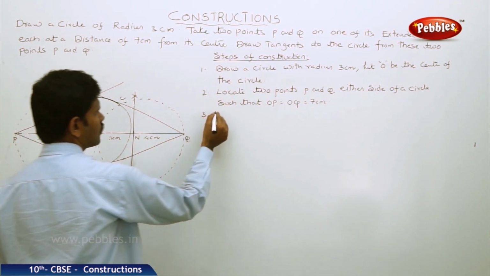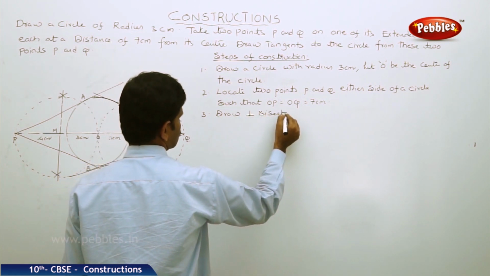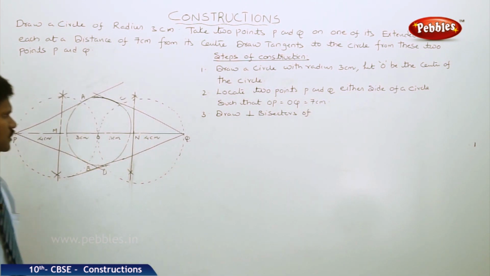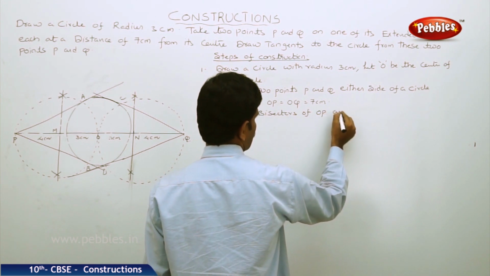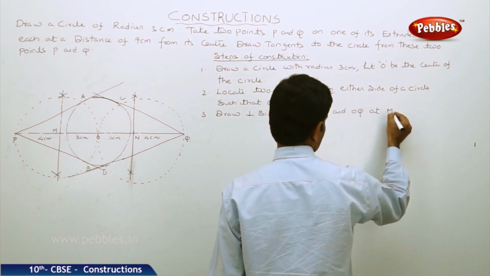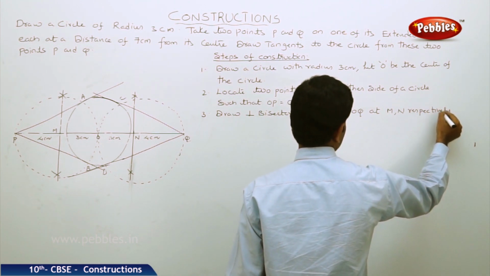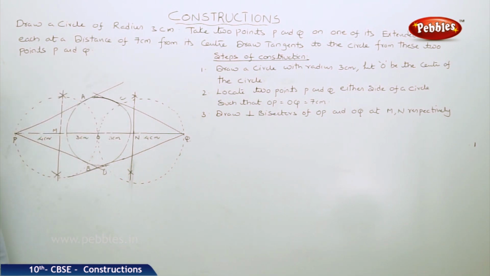Next, draw perpendicular bisectors of OP and OQ at M, N respectively.